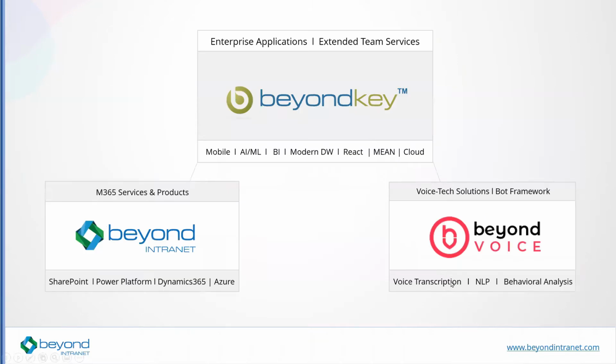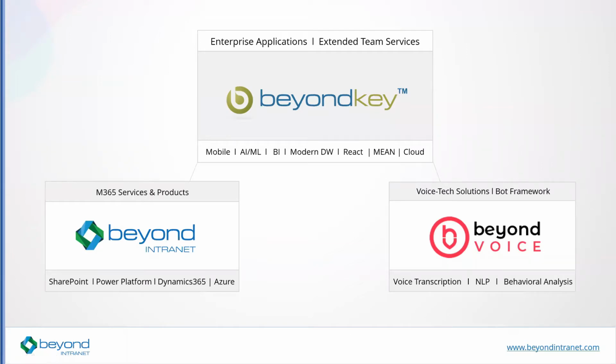Who are we? Beyond Internet is a division of Beyond Key. Beyond Key provides enterprise applications and extended team services, including mobile, AI, machine learning, business intelligence, modern data warehouse, React, MEAN, and cloud services. We have 2 divisions underneath there, like I already mentioned.